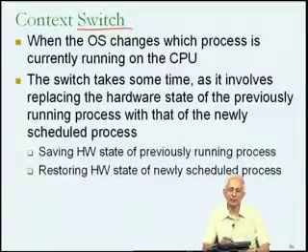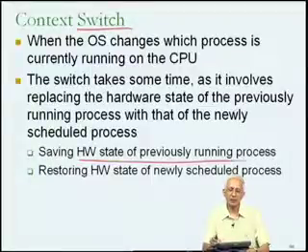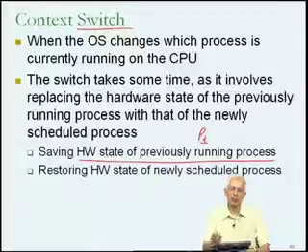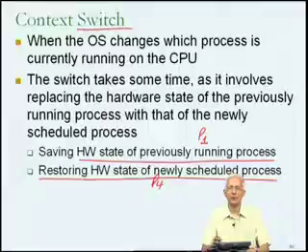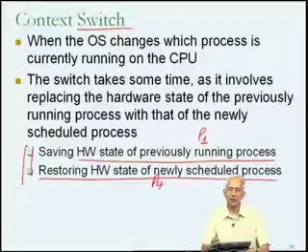The operating system must remember or save the hardware state of the process that used to be running, in other words process P1, and it must put into the hardware, into the registers, in other words it must restore the hardware state of the newly scheduled process, in other words P4. So, the context switch will involve these two operations: saving the hardware state of the previously running process and restoring the hardware state of the newly scheduled process.